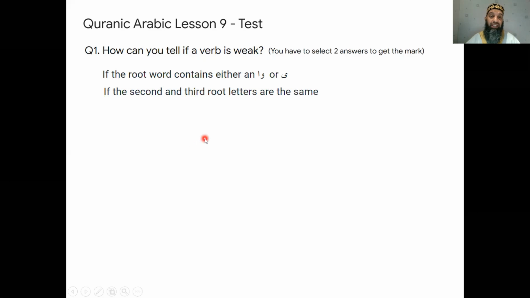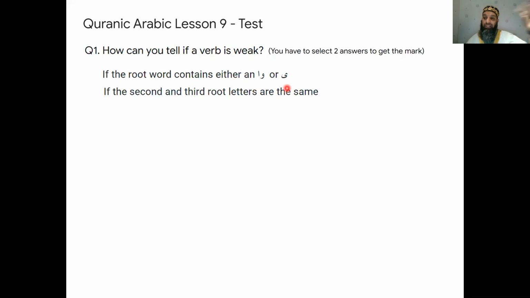So how can you tell if a verb is weak? A verb is weak if the root verb contains either an alif, a waw, or a ya. That's one way a verb can be weak. Another way a verb can be weak is when the second and the third root letters are the same. So 3-lettered root words, which is what we've been doing.